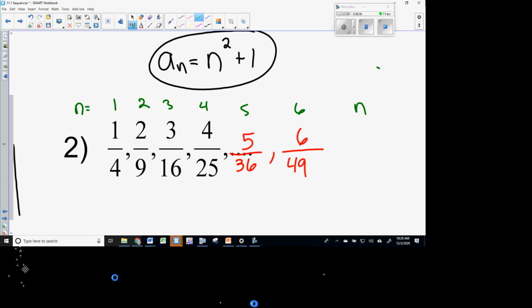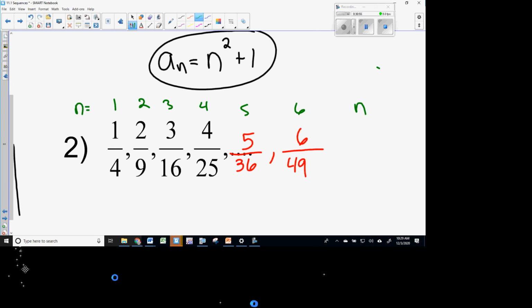If I'm looking for the nth term, what's going to be the pattern here? Now, this is not arithmetic or geometric. There's no formula to plug in. This is your brain being smart enough to figure out the pattern and find the formula.